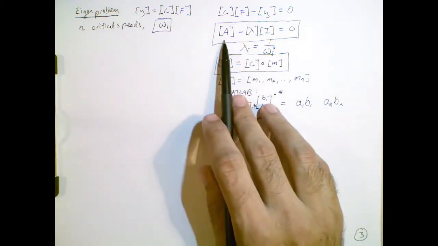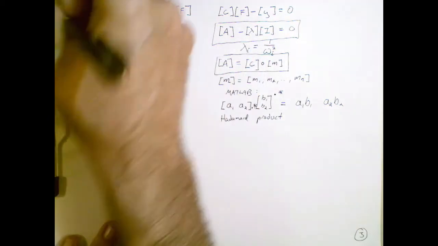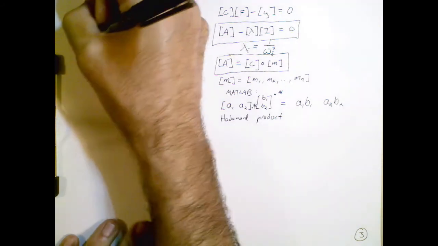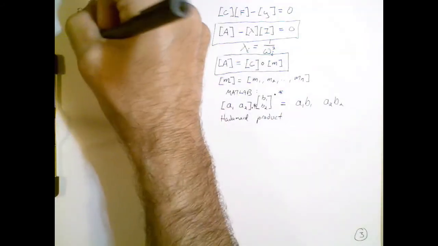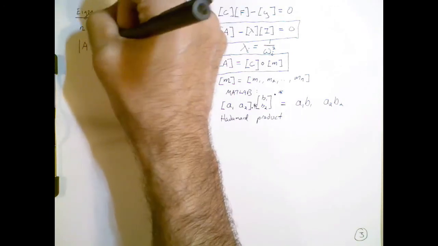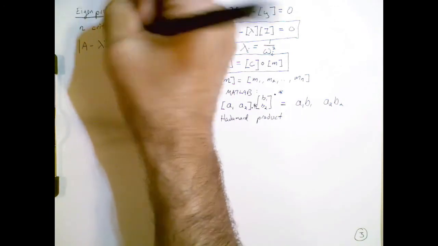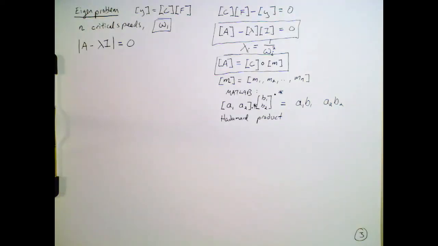So if we derive this and take its determinant, I'm going to drop the square brackets for convenience here. A minus lambda times I, set that determinant equal to 0. This gives us what we call the characteristic equation.